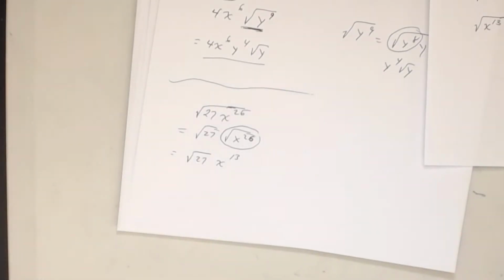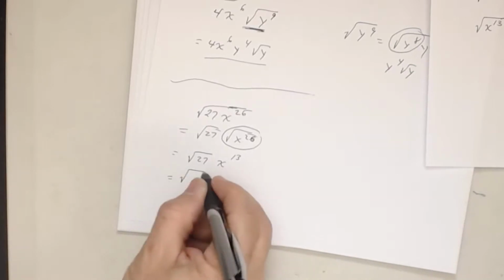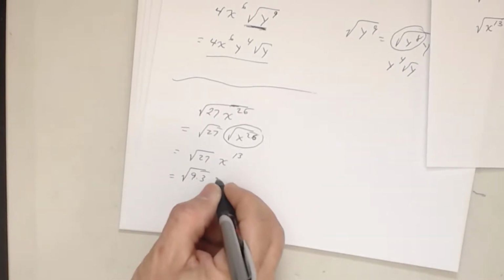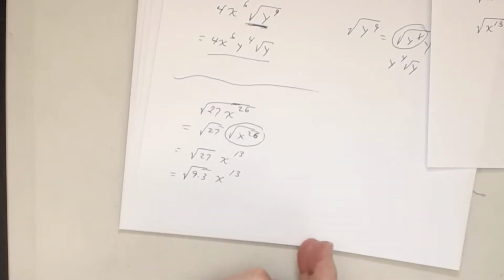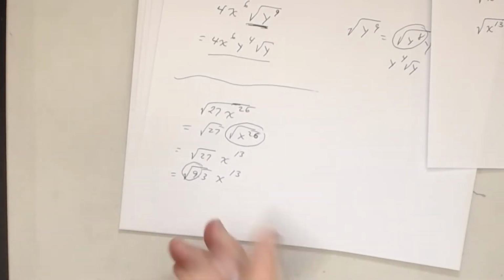Now let's talk about the square root of 27. What perfect square goes into 27 besides 1? 9. In fact, that's the only other one, right? So it becomes the square root of 9 times 3 times x to the 13th. And what's the square root of this 9 right here? All right, now we always put the radical on the end.